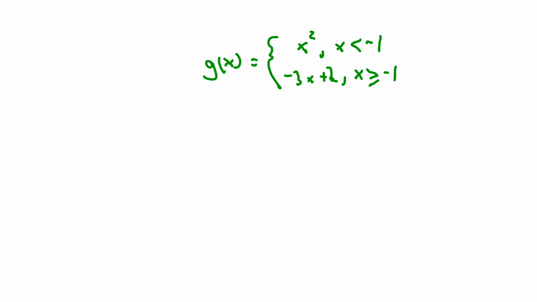Now, if forced to graph something like this without technology, you would have this critical point here, which would be -1. And it's going to look like x squared up until that point. So if we think about what x squared does, it means that x squared is going to be some graph coming down like this, right?